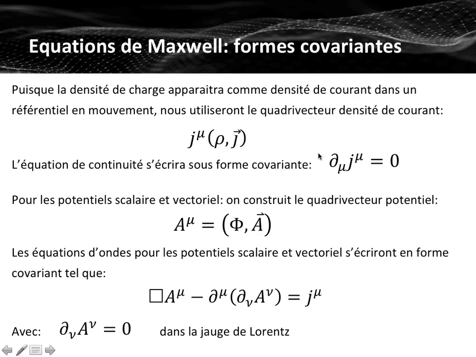continuity equation. Now, in the same fashion, we define the four-vector potential, A mu, which has the time component as the scalar potential, sorry, and the space component as the vector potential A. You can easily see in a very similar fashion that if we apply the four-gradient, partial mu, to the four-vector A mu, this will yield the Lorenz condition, the Lorenz gauge condition, which is very similar to the equation of continuity.